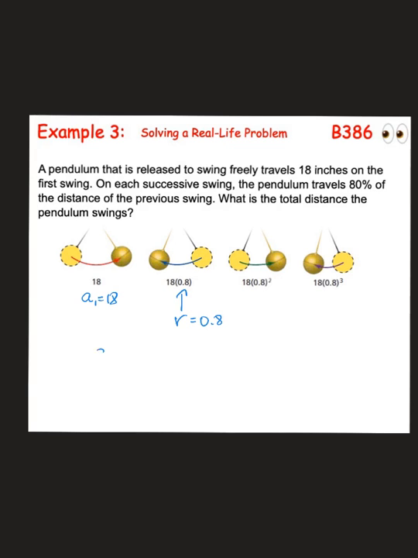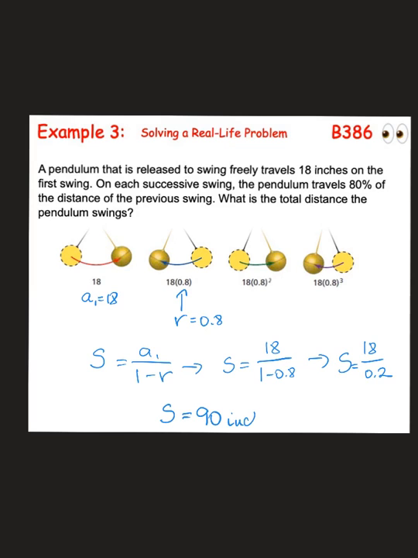So we can find our sum as the first term divided by 1 minus the common ratio. So the sum is going to be 18 divided by 1 minus 0.8. So the sum is going to be 18 divided by 0.2. So finally the sum is going to equal 90 inches.